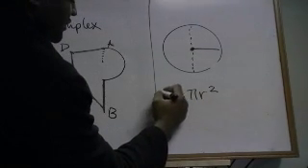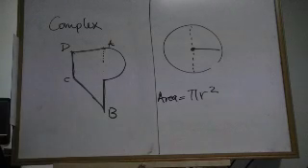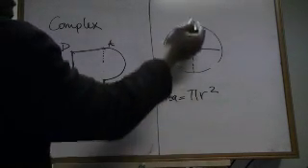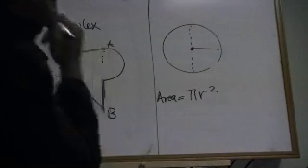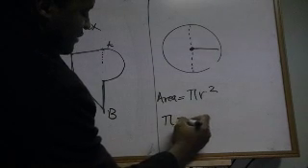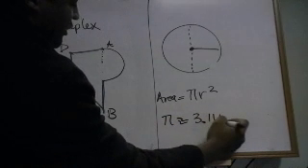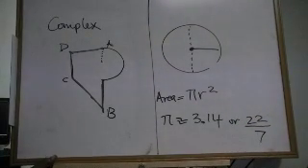Of course, we don't need to know the diameter to know the area. We need to know the radius. So sometimes they give us the diameter, and we have to derive that the diameter divided by 2 is the radius. So that's area. And then pi is approximately 3.14, or in some cases, 22/7.